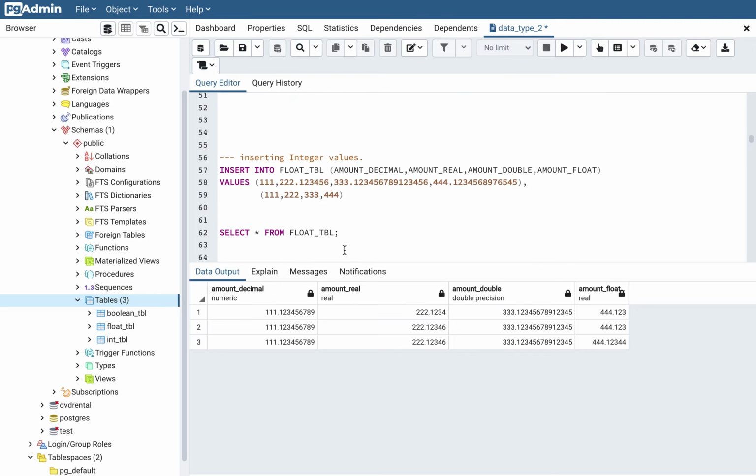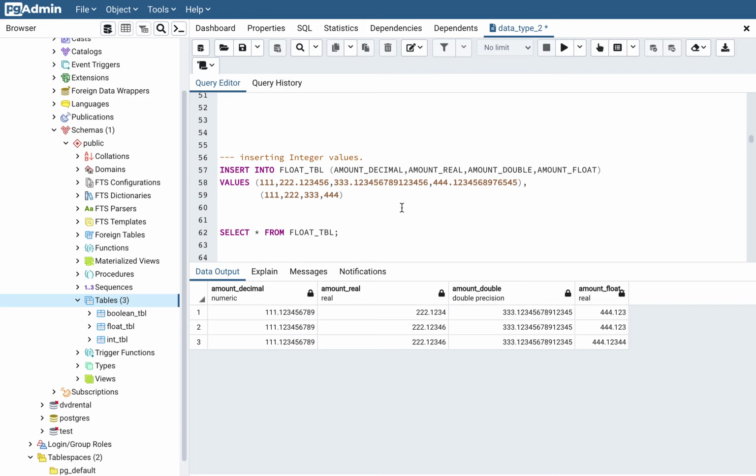Now what will happen if I try to insert integer value on my decimal columns? So all these columns which are saying amount decimal, amount real, amount double, amount float, they all are defined as decimal data type in one or the other form, numeric or real or double precision or real, whatever it is.